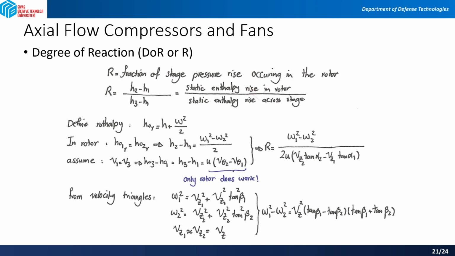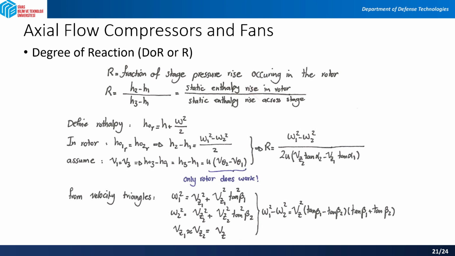In the rotor, the rotalpy stays the same, so the difference in enthalpy is the difference in kinetic energy of the relative velocity. Assuming the velocity at the entrance and exit stays the same, you can define your degree of reaction using this formula.